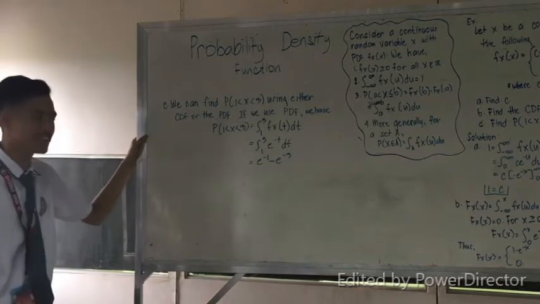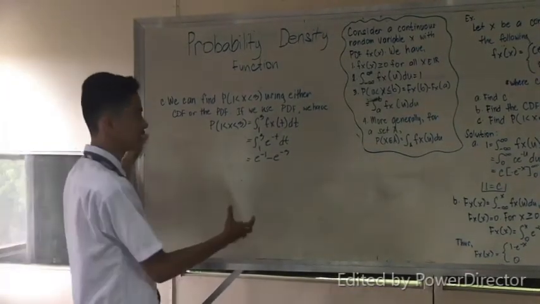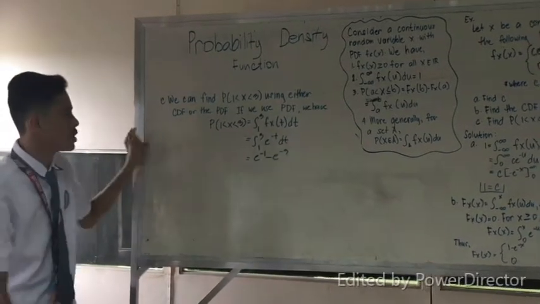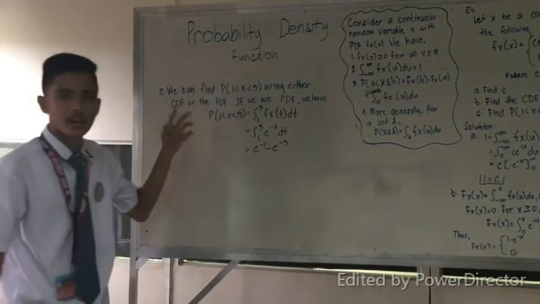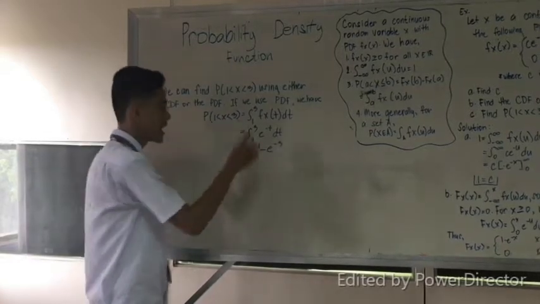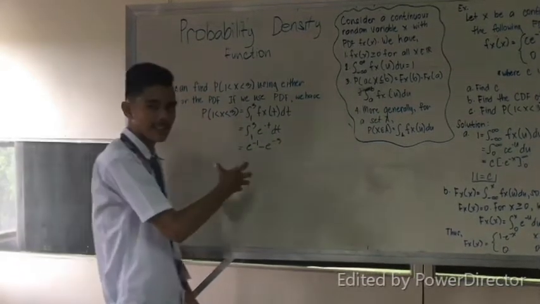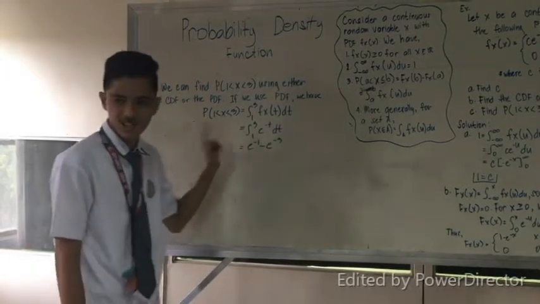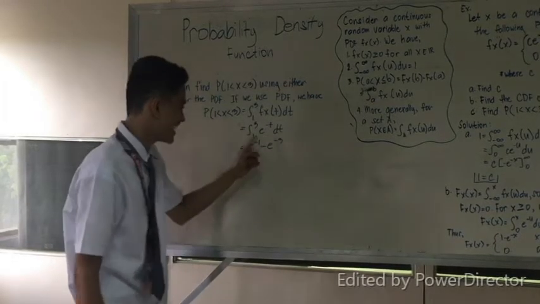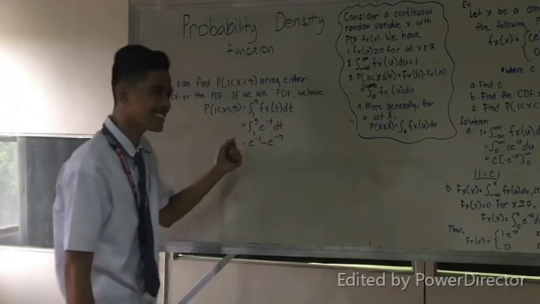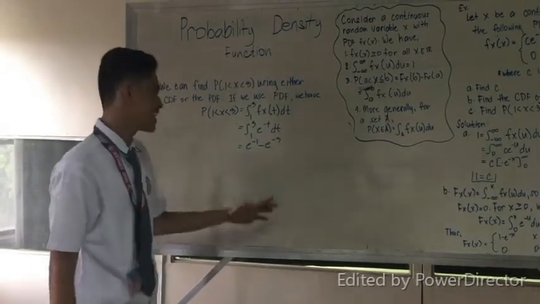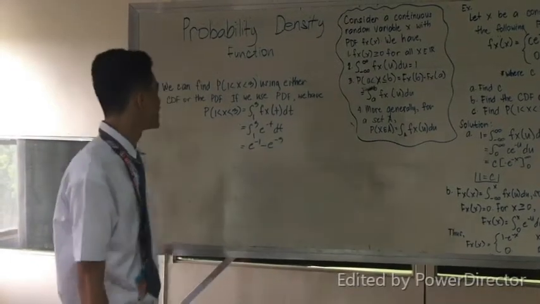We can find this using either the CDF or the PDF. If we use the PDF, we have the probability of x greater than 1 but less than 3 equal to the integral from 1 to 3 of f(t) dt, which equals the integral from 1 to 3 of e raised to negative t dt, which is equal to e raised to negative 1 minus e raised to negative 3.